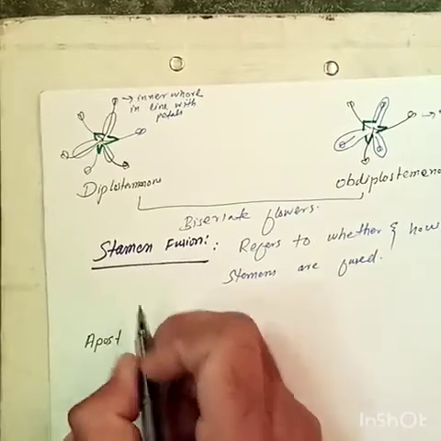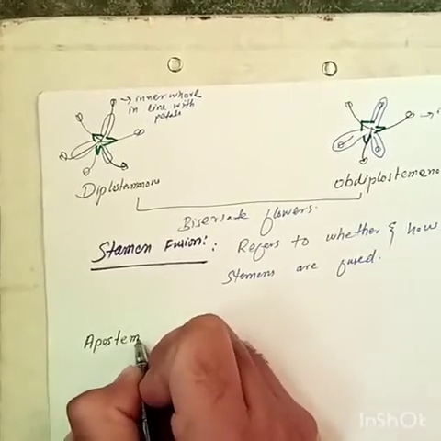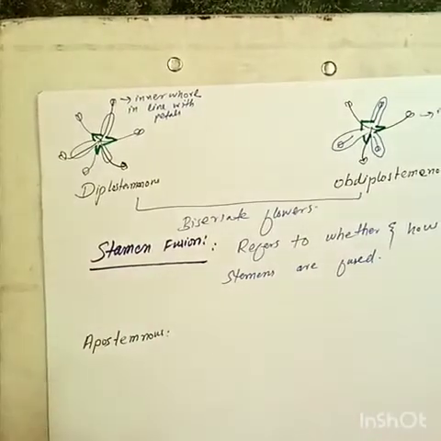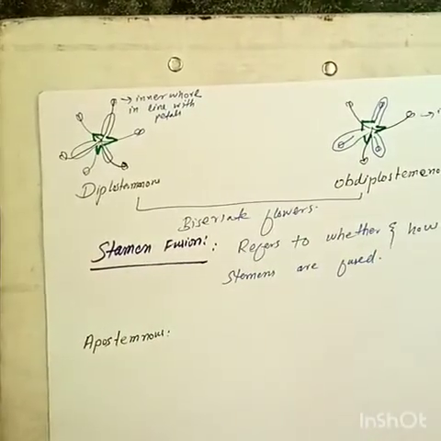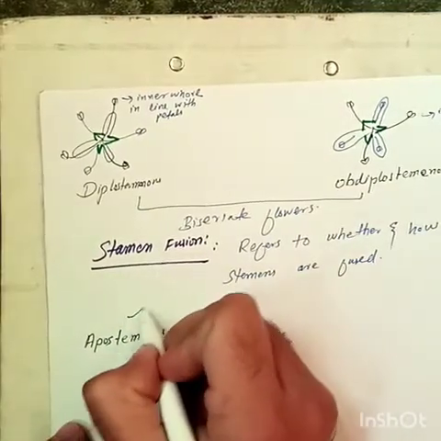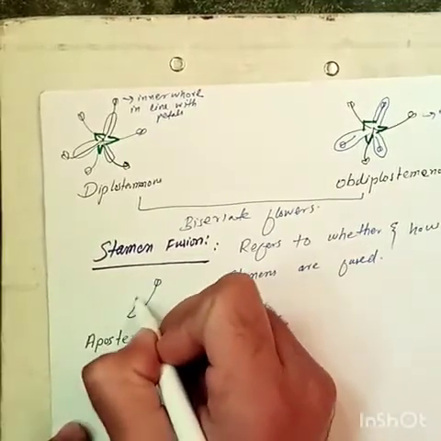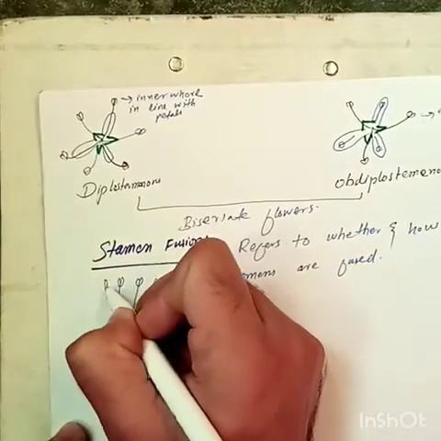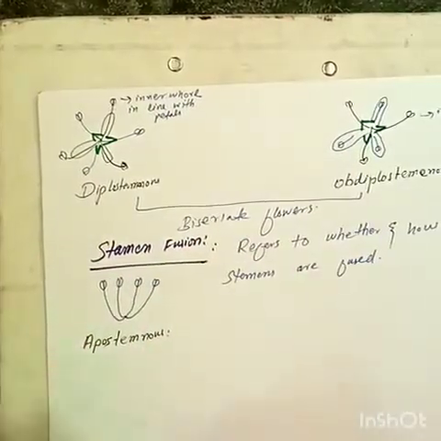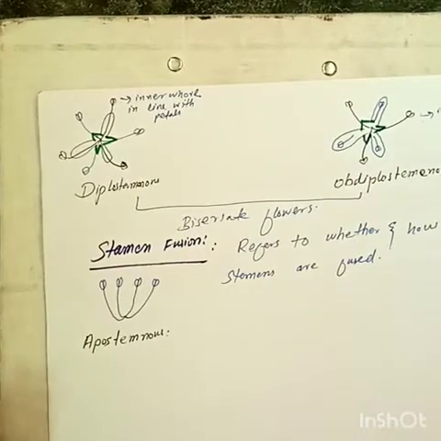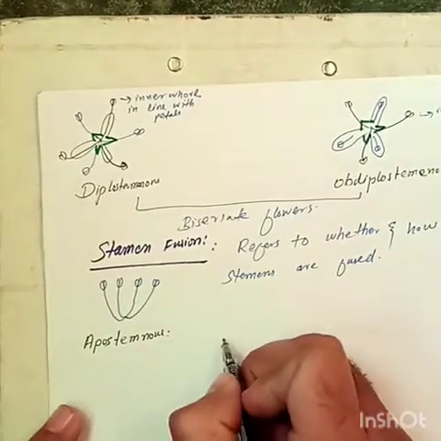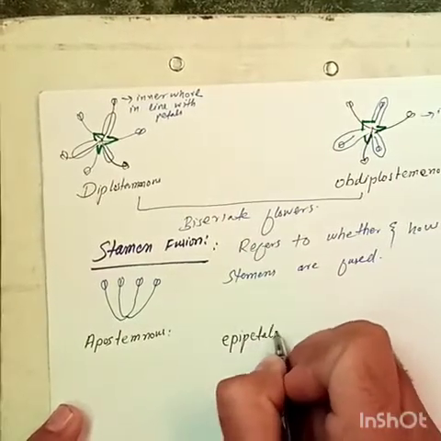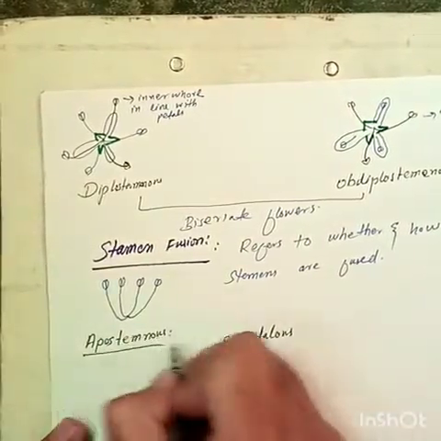So the first one is apostemonous. In this condition, all the stamens will be free. There will be no fusion. Now you can clearly see that there is no fusion among the stamens. The other one is epipetalous condition.